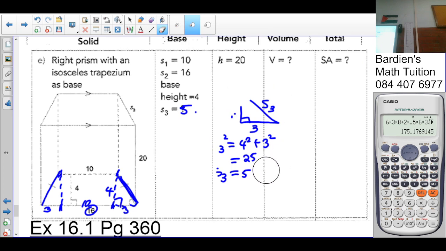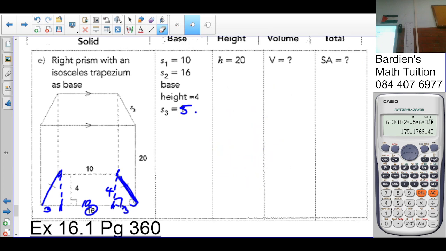So then, we are told that H, the depth of the object, is 20. How do you calculate volume? It's area of base times height. What type of shape is this base? The trapezoid, a trapezium. How do you calculate the area of a trapezium?